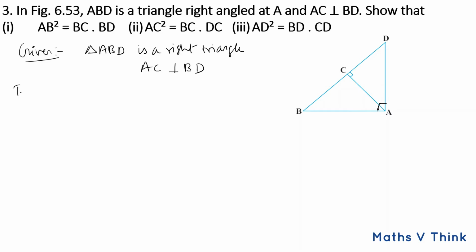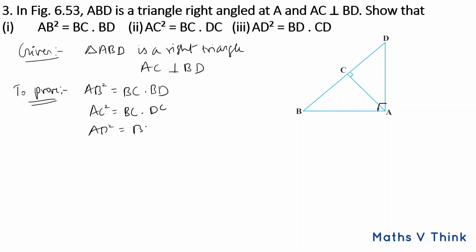So first, to prove AB square is equal to BC into BD, AC square is equal to BC into DC, and AD square is equal to BD into CD. Now proof. We'll be proving line by line. First, we'll prove this. When you see the sides, in the two proof they gave AB square is equal to BC into BD. So mark the sides, the AB and BC and BD.